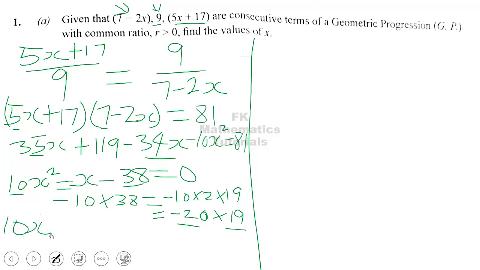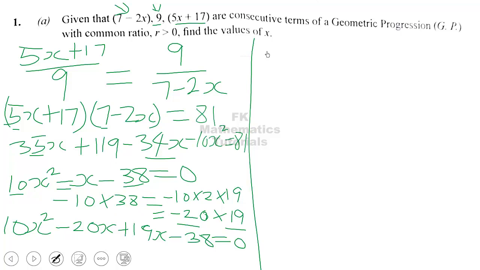So I'm replacing negative x by negative 20x plus 19x, because when I add them, I'll get negative x. So I can now factor.